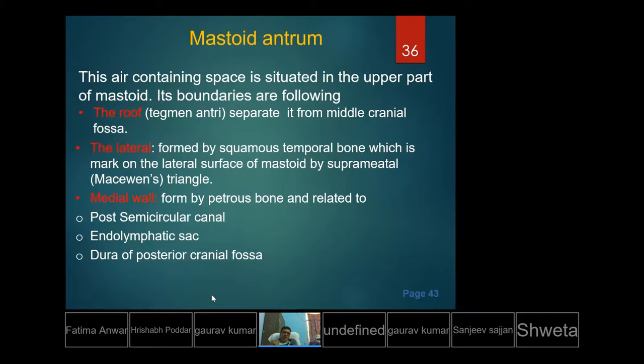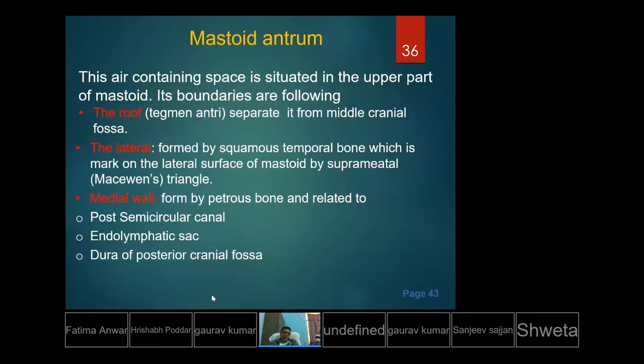The lateral wall is formed by the squamous temporal bone, which is about 1.5 centimeter in thickness, and on the lateral surface is the MacEwen triangle, that is a landmark for the mastoid antrum. So we'll discuss later on about the MacEwen triangle.